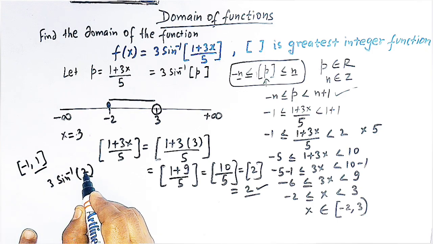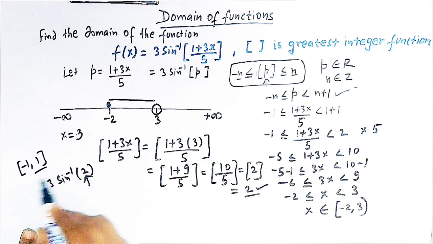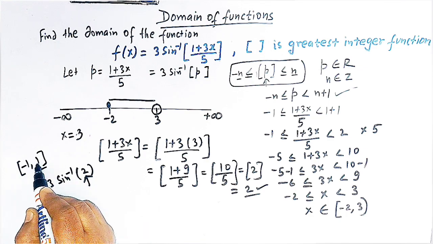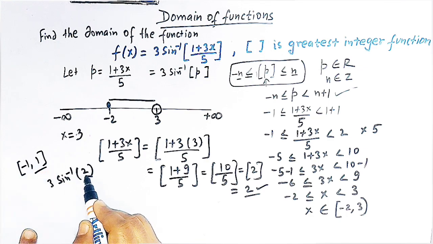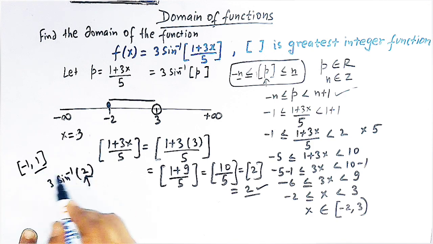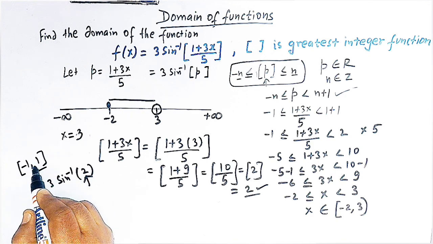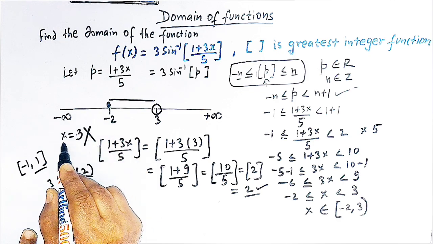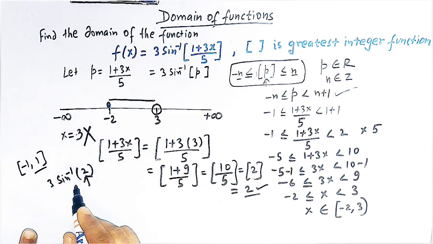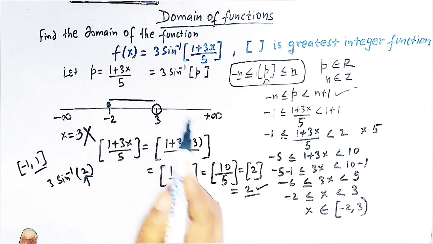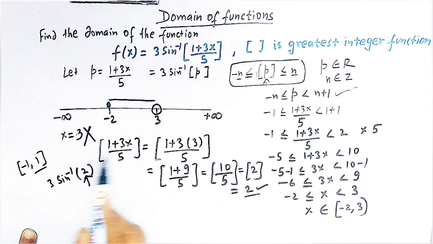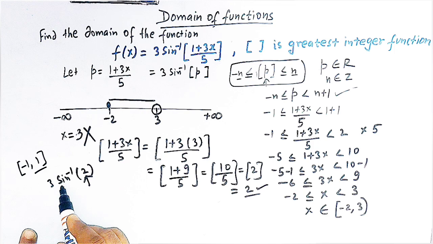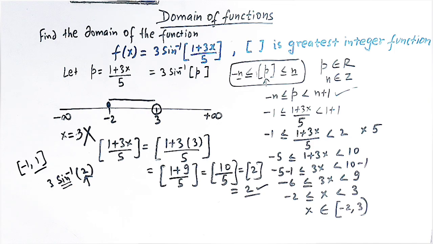So this value has to be in between minus 1 and 1, that is 2 is not lying in this interval, right? So here we have to exclude x is equal to 3 because 2 is not in the domain of sine inverse function.